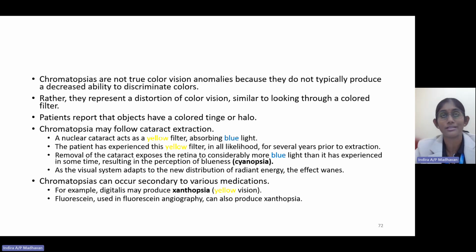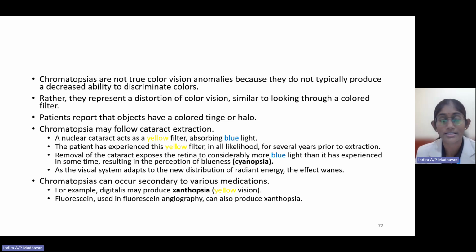So you don't need to do anything, no need to take medication or do any surgeries to overcome this. So this chromatopsia is only a temporary defect. And these chromatopsias can occur secondary to various medications. For example, digitalis may produce xanthopsia.